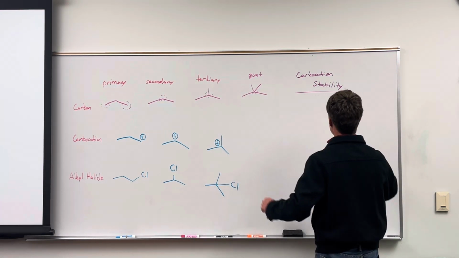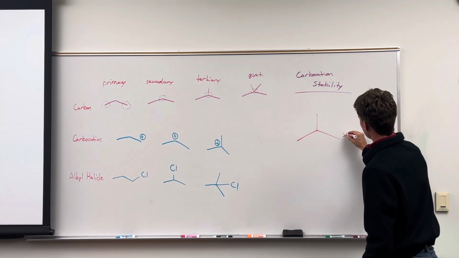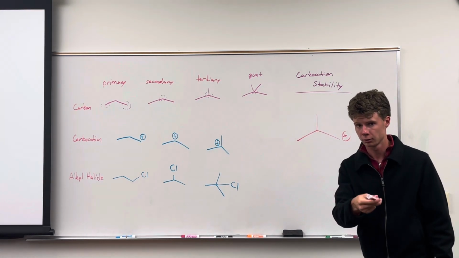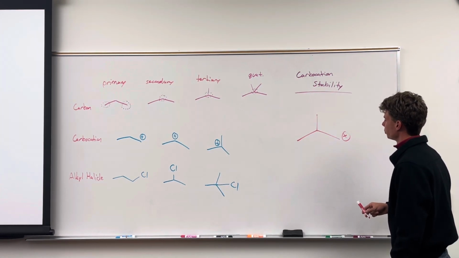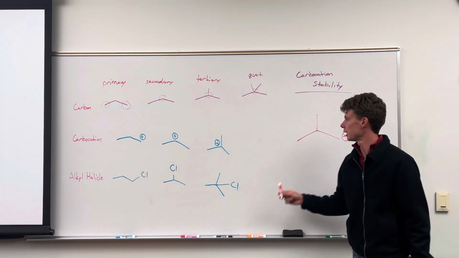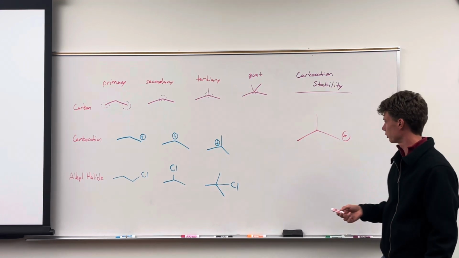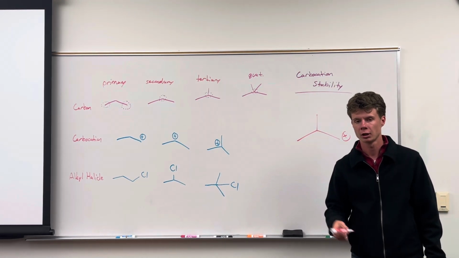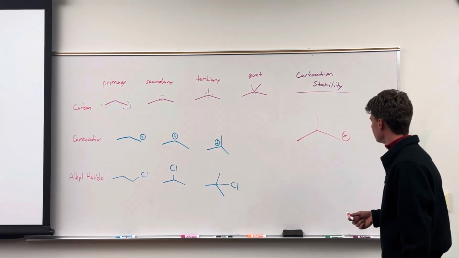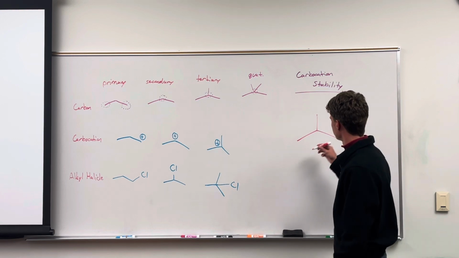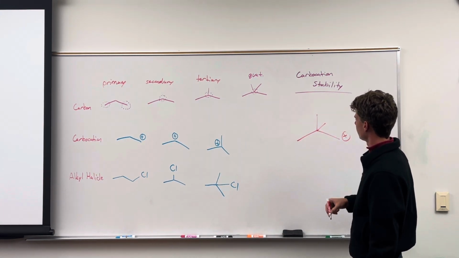Now I have a structure that looks like this with a carbocation in, you guessed it, a primary position. There's a way this molecule can be more stable, and it likely would undergo this: something called a hydride shift. Not very common, but I do want to bring it up just in case. We would have a hydrogen here in our tertiary position.